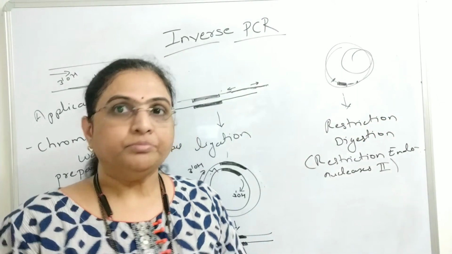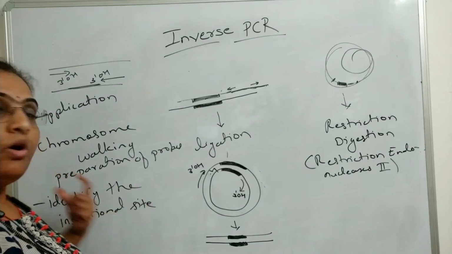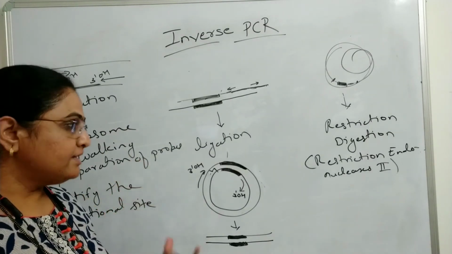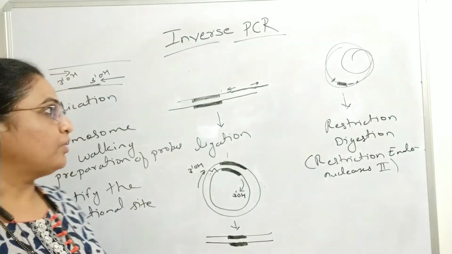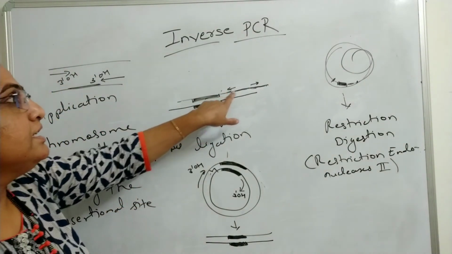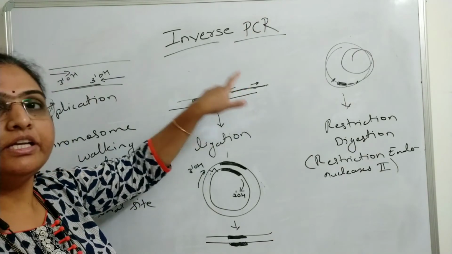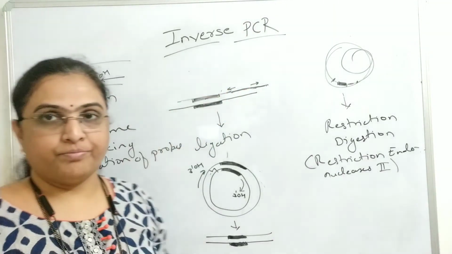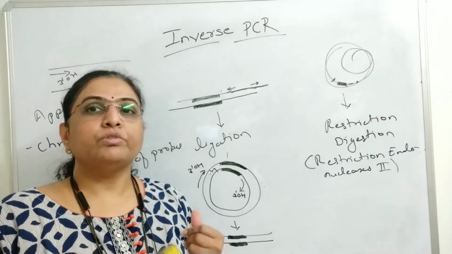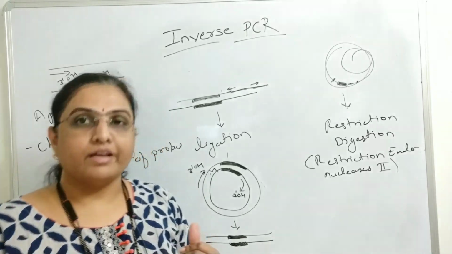Now suppose it is the identification of the insertional site for the viruses, transgene or the transposon. Suppose this is an insertional sequence, and it may be a transposon, or a viral DNA, or a transgene. You know the sequence of the transposon, the sequence of the viruses, and the sequence of the transgene.